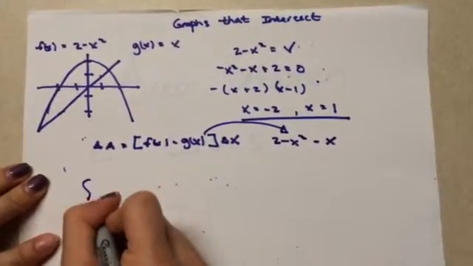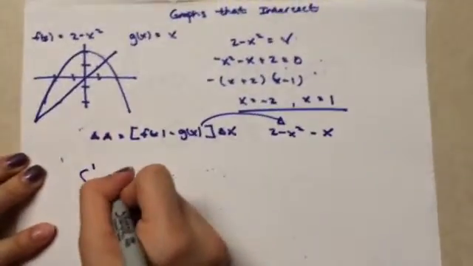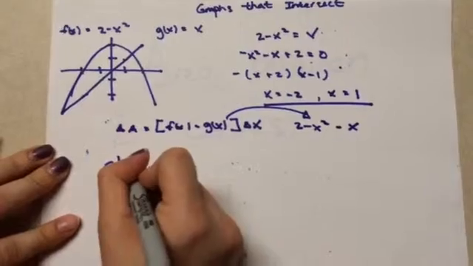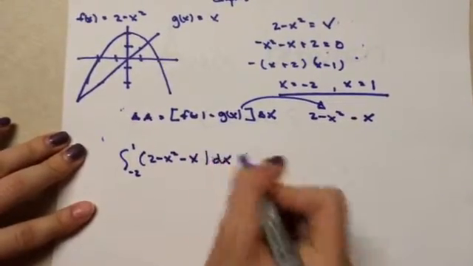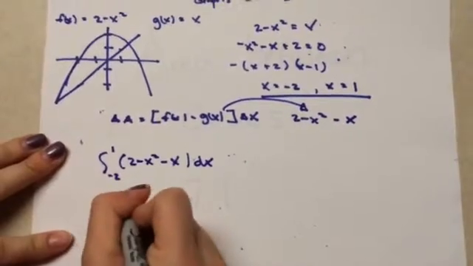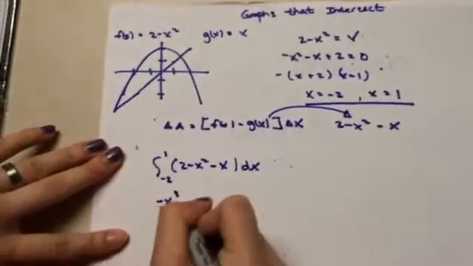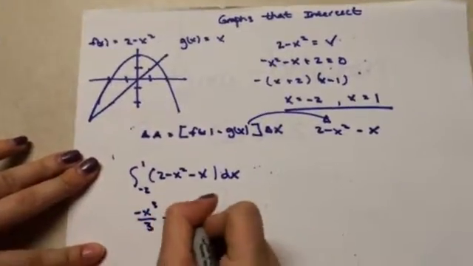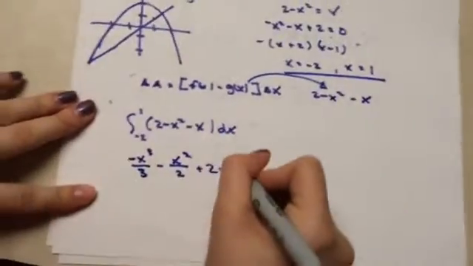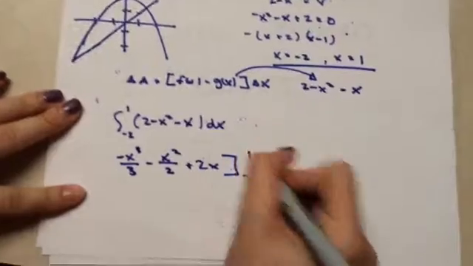We're going to go from negative 2 to 1 of 2 minus x squared minus x dx. We're going to take the antiderivative, so we're going to get negative x cubed over 3 minus x squared over 2 plus 2x, evaluated from negative 2 to 1.